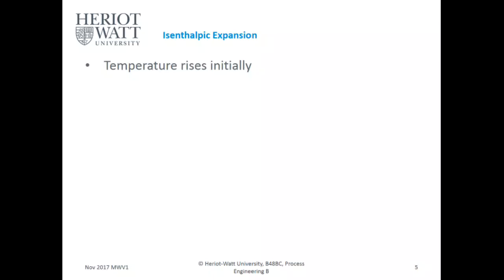I want to talk about who Joule and Thomson are. So the temperature rises initially. This is the typical Joule-Thomson effect. By the end of this lecture, I'll talk about when the temperature rises and when the temperature drops. Initially the temperature rises, and then the temperature falls.